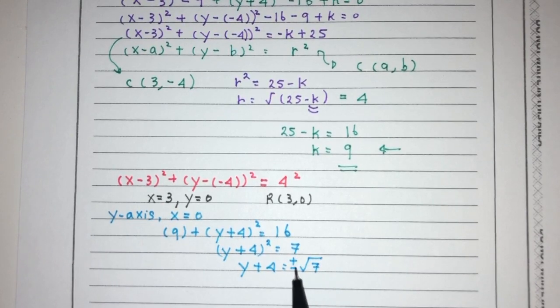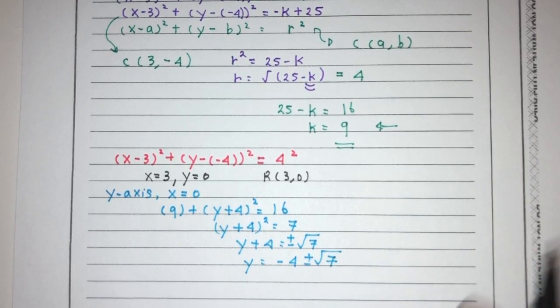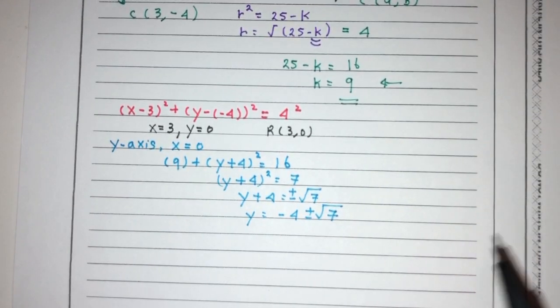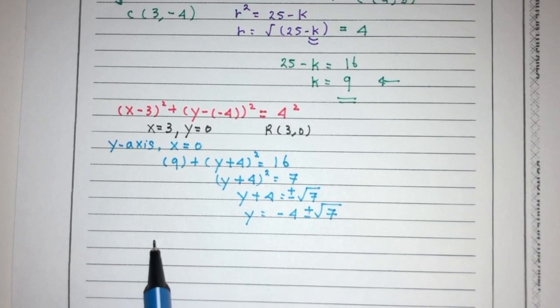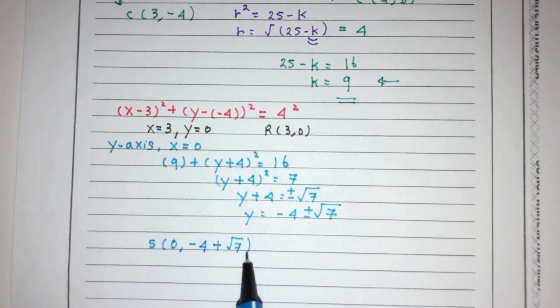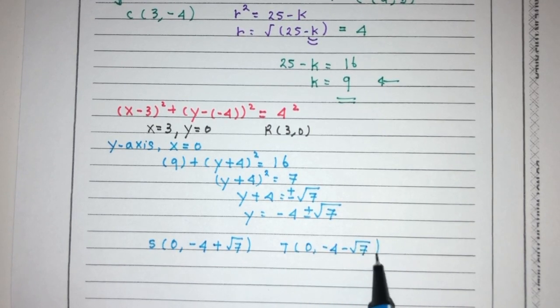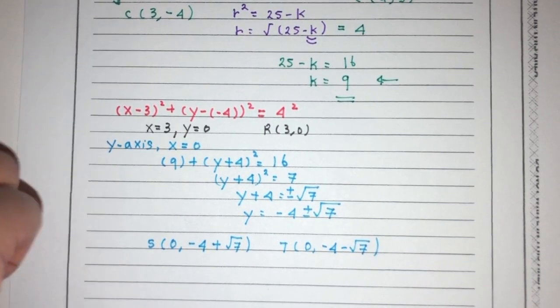So y has to be minus 4 plus or minus root of 7. Here, as you can see, we have two possible points. S could be (0, minus 4 plus root of 7), and the other one, T, could be (0, minus 4 minus root of 7). So we have three possible points here. Let me write this down.